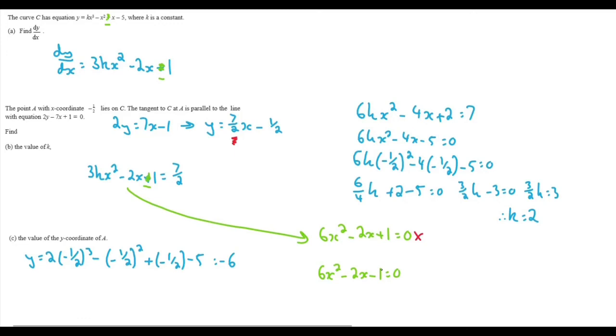If this is what it had been from the beginning, then they could ask, and if you put that into the calculator, then you would find that x is going to be approximately 0.61 or minus 0.27. And just again plug those back into the adapted original equation. You would end up with y equaling either minus 5.53 or minus 4.84.